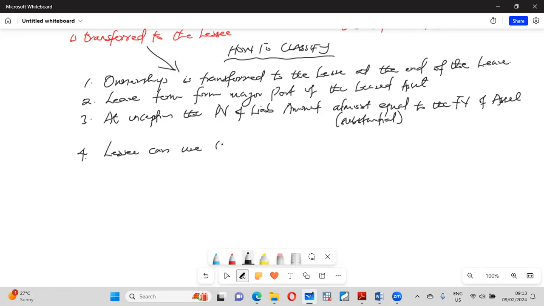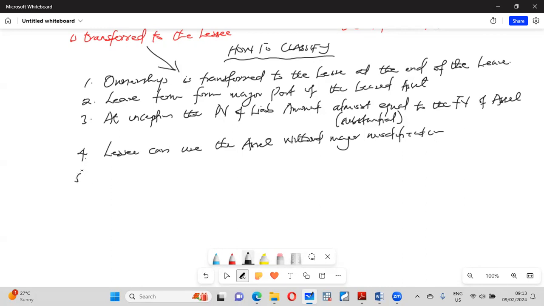And even if there is a modification, you realize that the maintenance, that is the risk, is done by the lessee himself. So it means you've transferred it to the lessee. All right. So that is that.